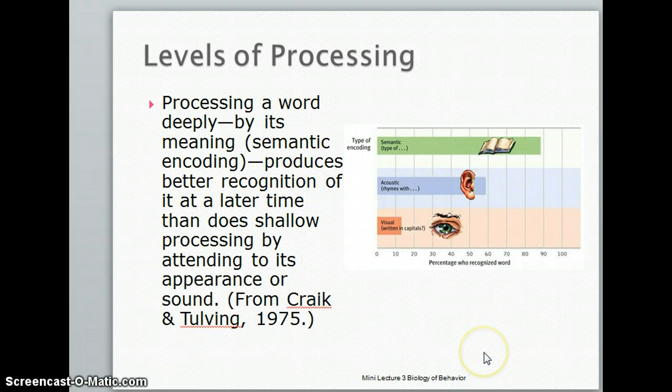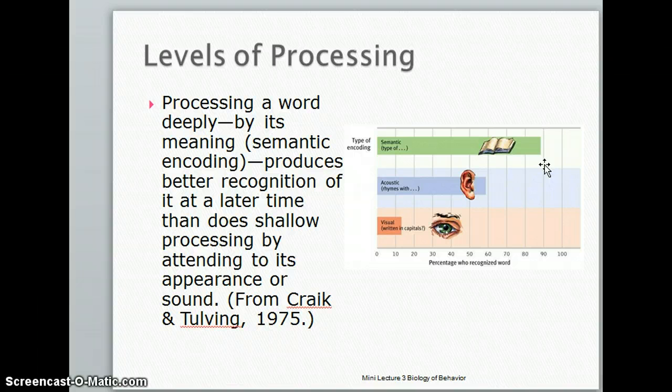Another concept to be familiar with is related to encoding strategies and how we encode information, and the three encoding processes of semantic encoding, auditory, or visual. What this research demonstrates is that especially when we're working with verbal information, such as textbook information, such as what you're learning for this course, semantic encoding, which means remembering words or associating them with their meaning, works best.